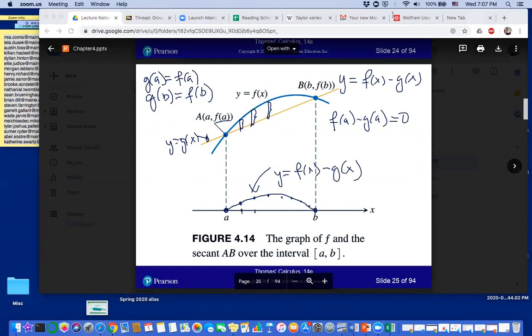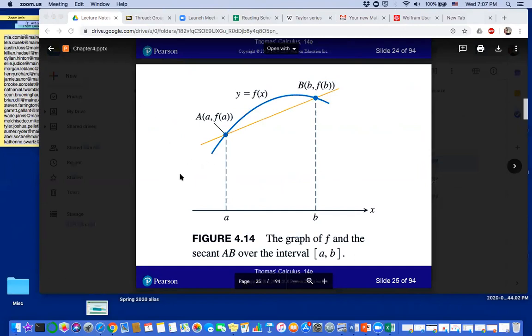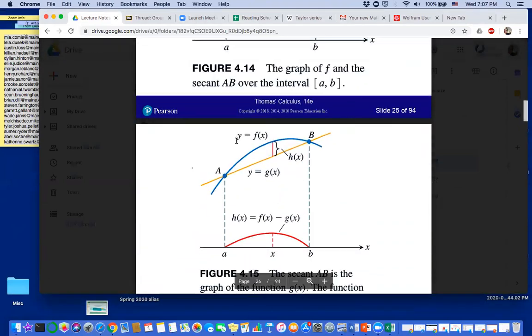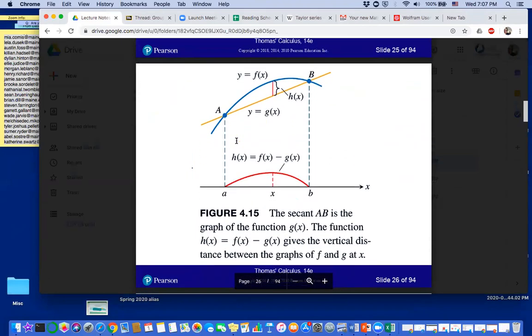All right, so this is the last thing we're gonna do, okay? I'm gonna clear the screen, and I just want to show you one example of what to do with this. Clear all my drawings, okay. So here's that picture again.